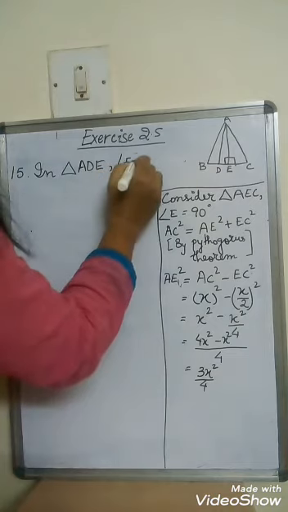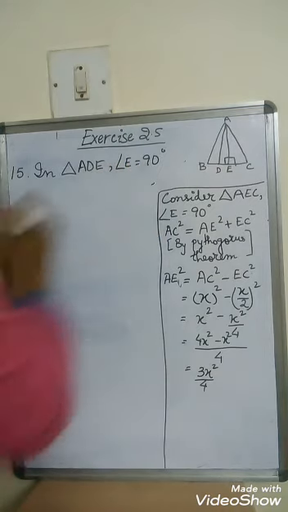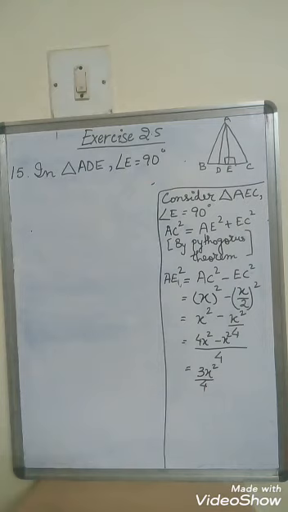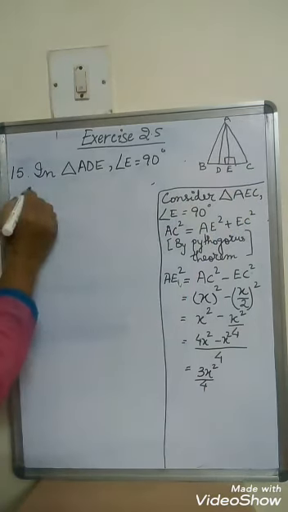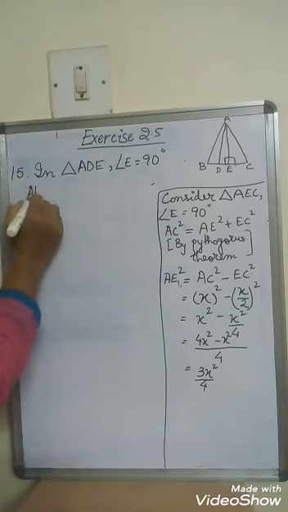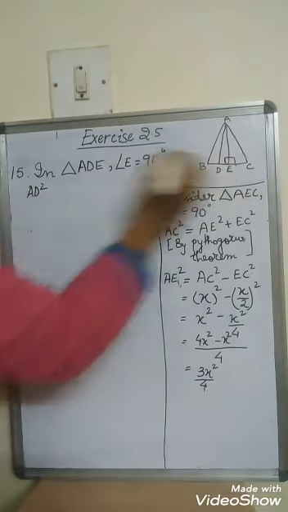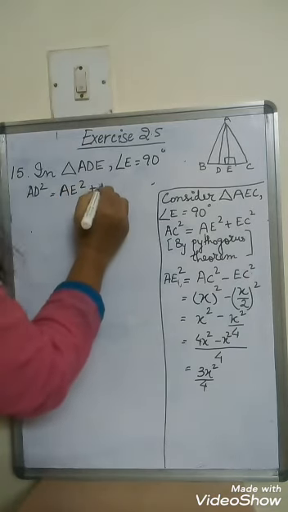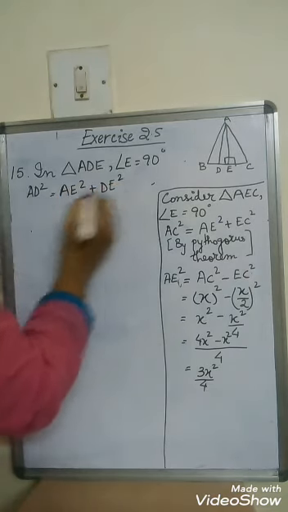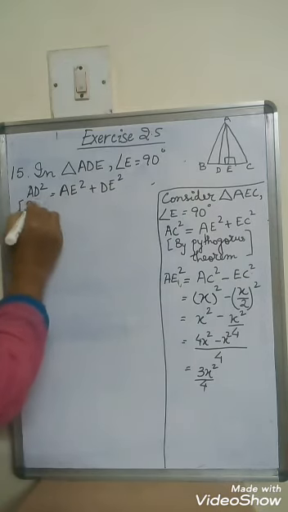Since angle E is equal to 90 degree, again we will be using the Pythagoras theorem. AD square is equal to AE square plus DE square, by Pythagoras theorem.